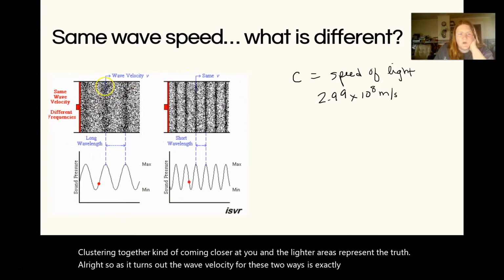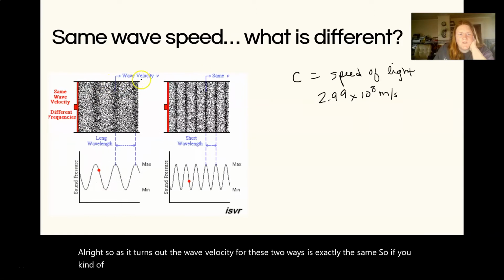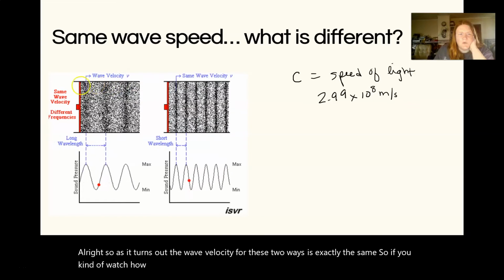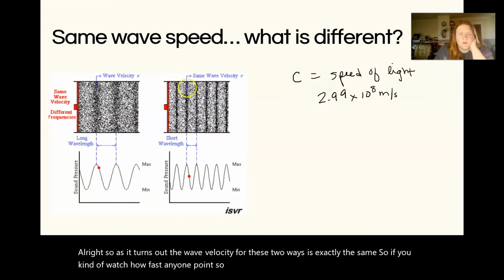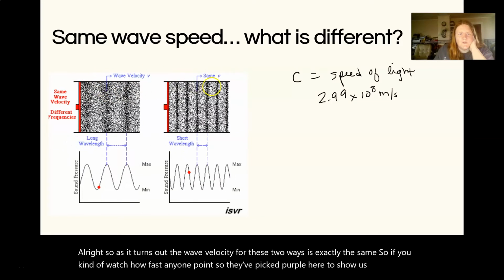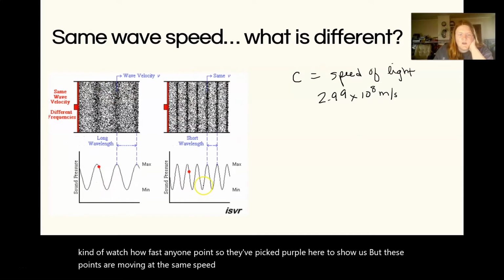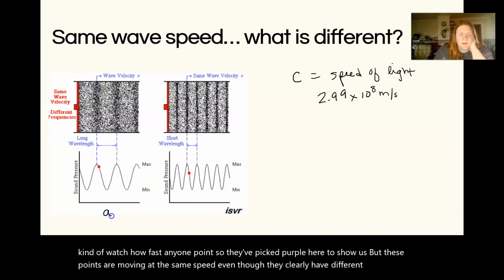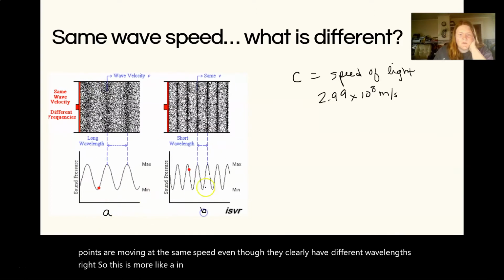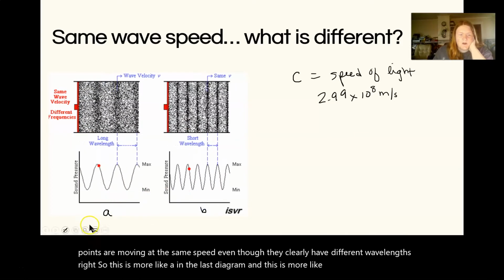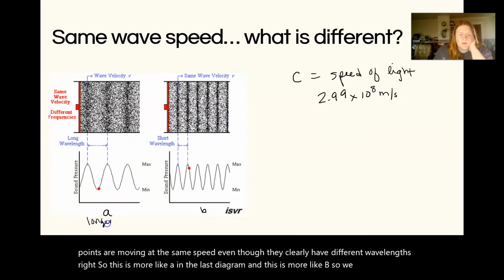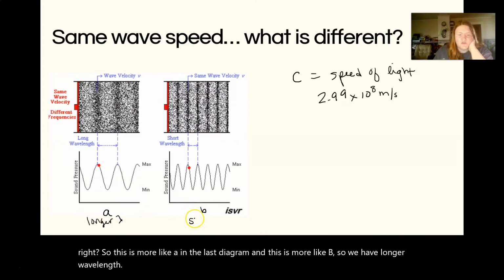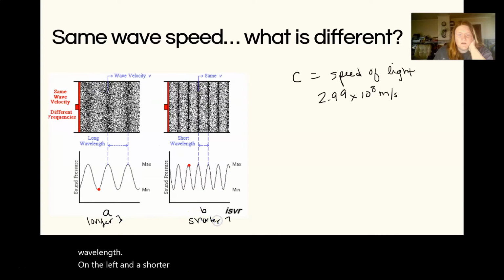If you watch how fast any one point moves, they've picked purple here to show us, these points are moving at the same speed, even though they clearly have different wavelengths, right? So this is more like A in the last diagram, and this is more like B. So we have a longer wavelength on the left and a shorter wavelength on the right.